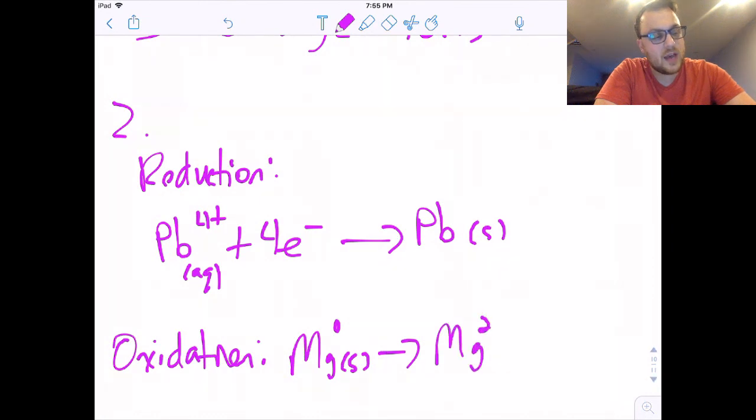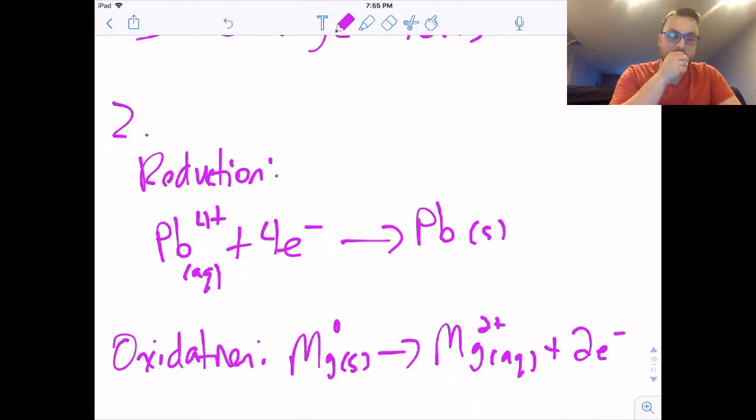They will also ask you about how many electrons have been lost or gained in these chemical reactions. Well, the electrons going into lead have to be the same as the electrons flowing out of magnesium. And since this is a 4 and this is a 2, those are not the same.